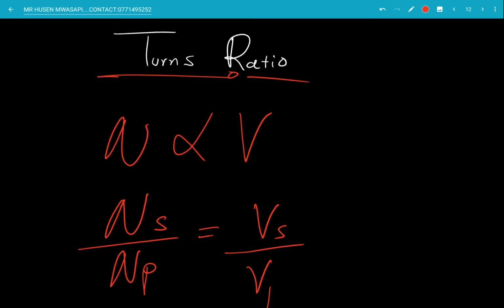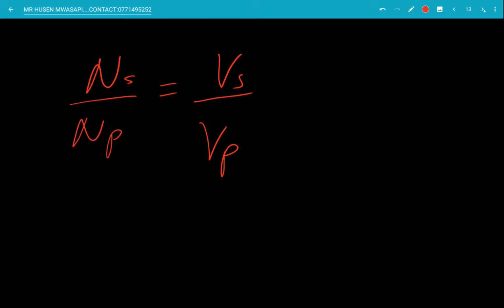So this is simply the turns ratio. With this in mind, the turns ratio is NS over NP being equal to VS over VP. Other than the turns ratio, you also have to know what we call an ideal transformer.